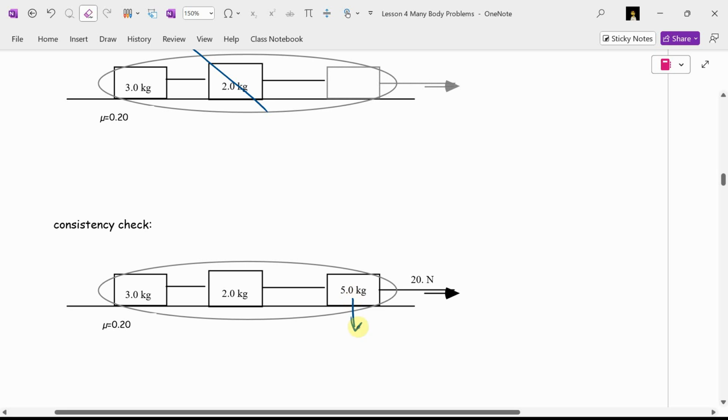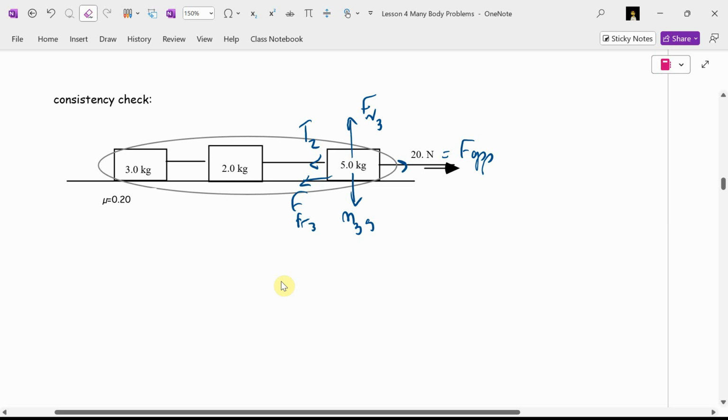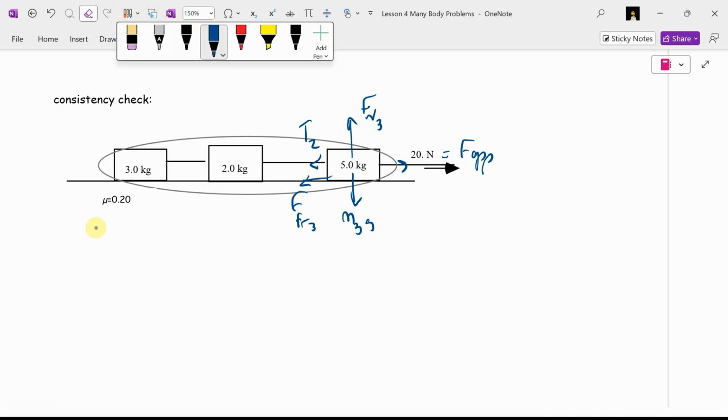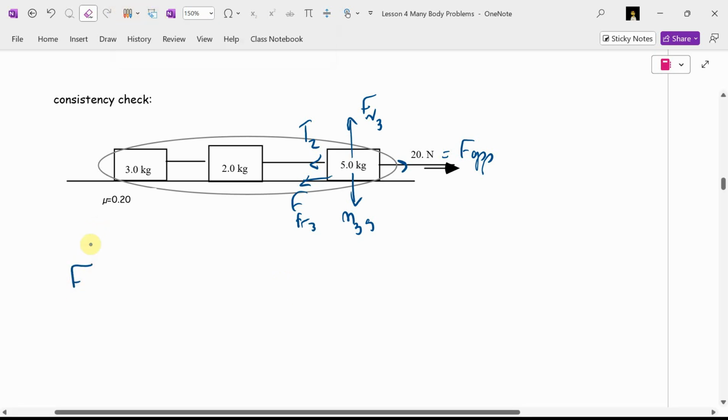What did I say we had? We had M3G, normal force 3. We had F applied, tension 2, friction 3. So it's going to be winner minus friction 3 minus tension 2 equals, why just M3A?